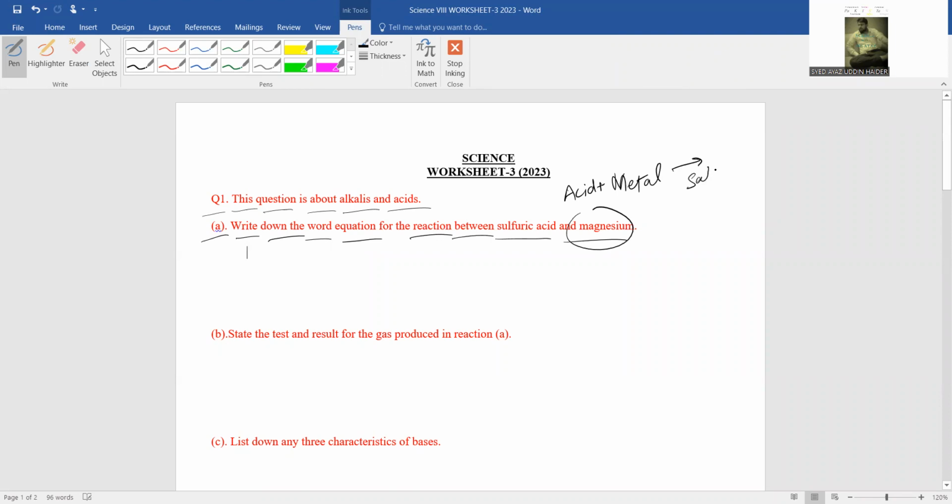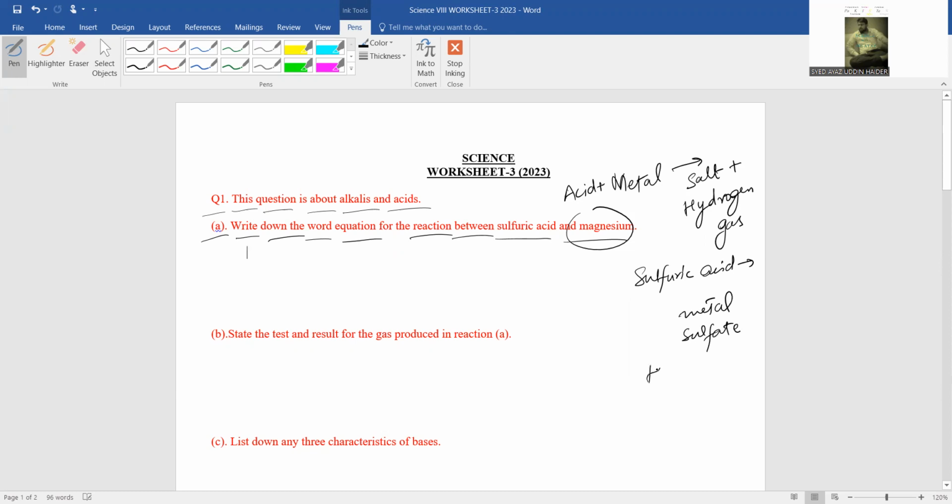You will get salt and hydrogen gas. For salt, you have to look at the acid. If the acid is sulfuric acid, then the salt will be metal sulfate.